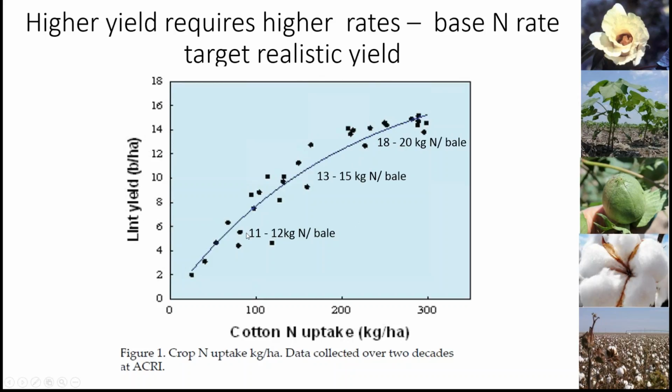The challenge is the law of diminishing returns. The harder we push up against higher yields, our requirement goes up per bale, which means we've got to add more nitrogen to the soil and push against the inefficiency of uptake. The challenge, as we push towards higher yields, is to make sure we're trying to keep the efficiency as high as possible and not letting it blow out past what we really require.